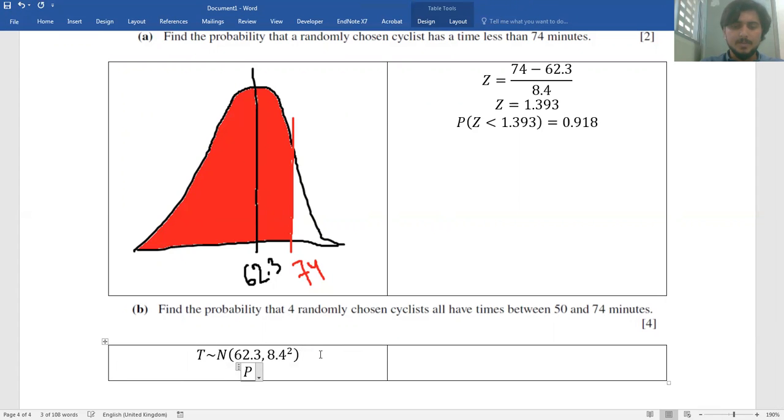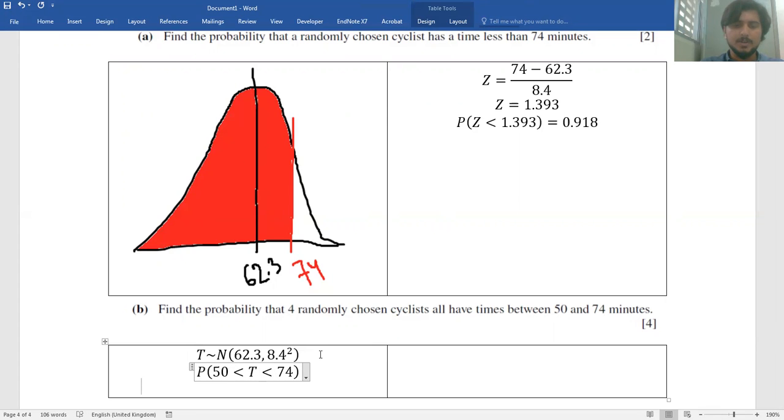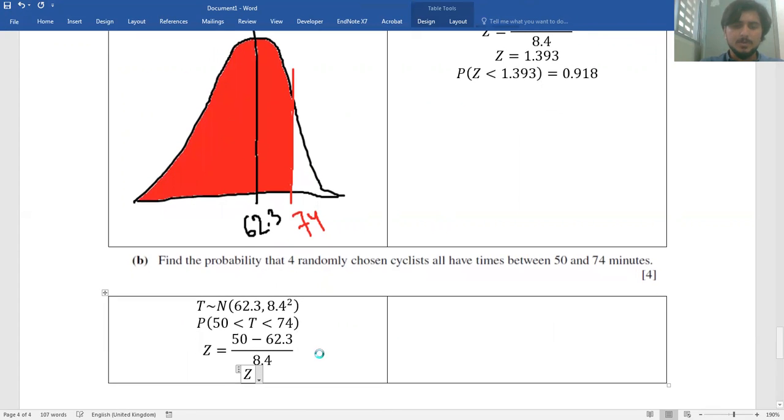So first we need to find the probability that the time is between 50 and 74. We already know what it is before 74. So first we find the Z value when it is 50. 50 minus 62.3 divided by 8.4. So the Z value that we get is minus 1.464.